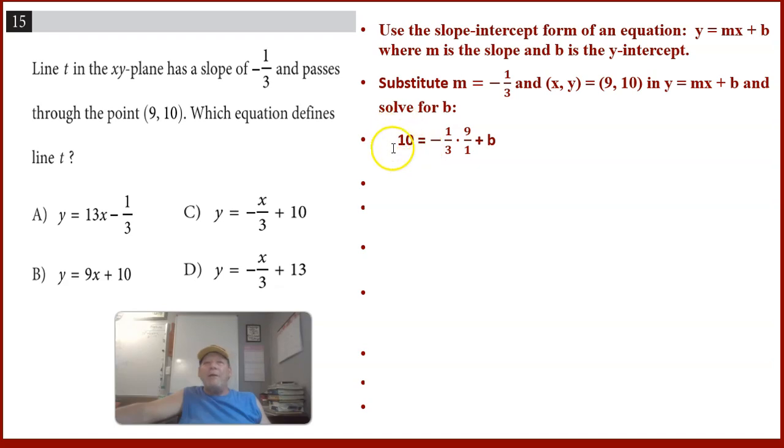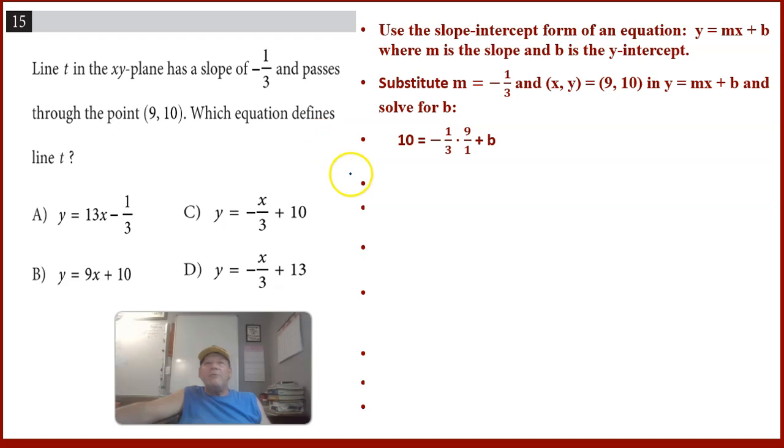So I put a 10 in, which is my y. You see the second coordinate is a y, so I put a 10 here. My m is -1/3, so I'm going to plug it in before the x, and the x is going to be 9, and I write it as 9/1.